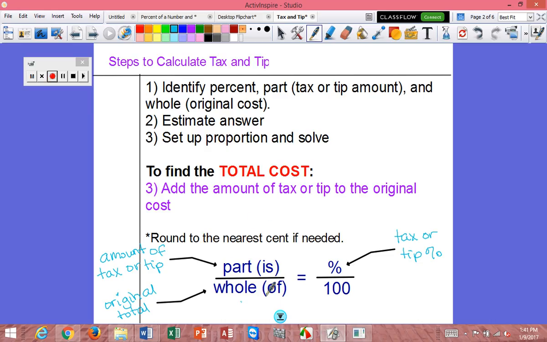So in all of these problems, the part always represents the amount of tax or the amount of tip. Some questions may tell you to find the total cost. Think of that like the final cost. Then you would take that amount of tax or tip and add it to the original total.